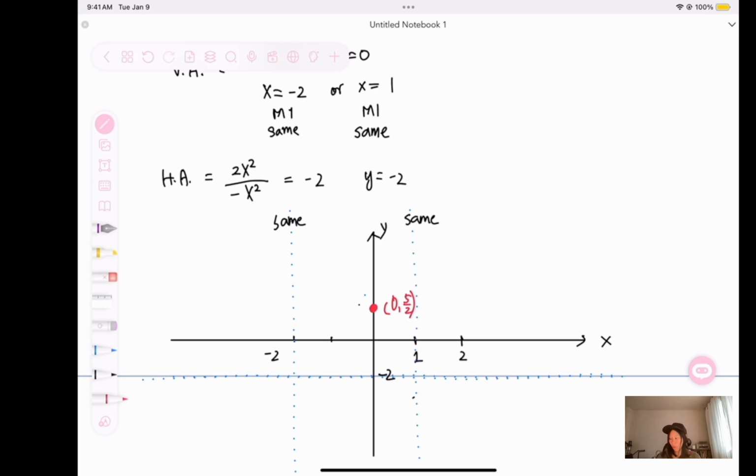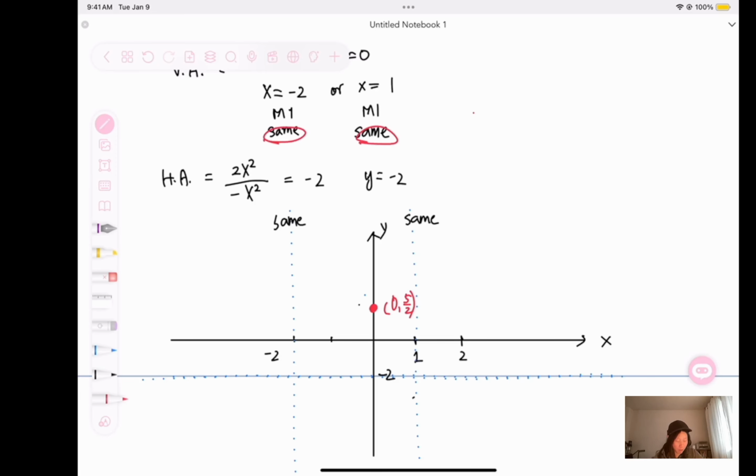So where should we start? There's no x-intercept. When we start, we try to start with the part that gives us the most information. Oh, sorry, I made a mistake here, because these two are not in the same direction.